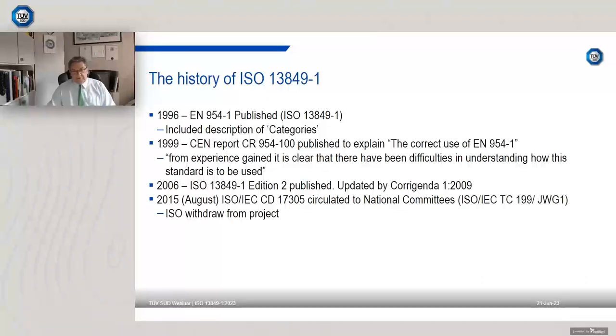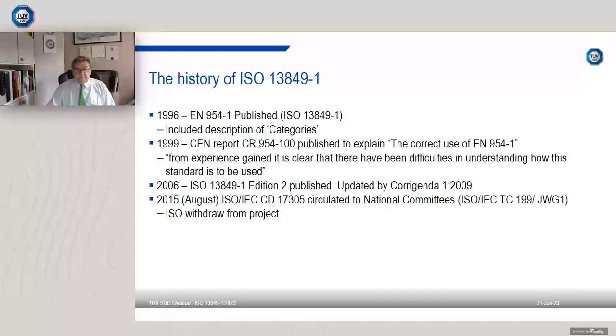But that also pretty much marked the end of the project to combine the two, because almost as soon as that document was circulated, ISO withdrew from the project. So the project failed, and that meant that both ISO and IEC went their own way to update the versions of both 13849 and 62061.